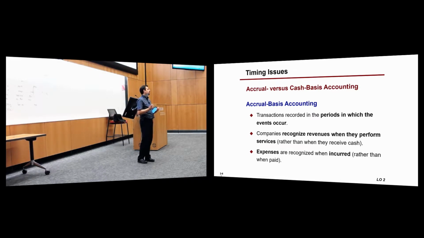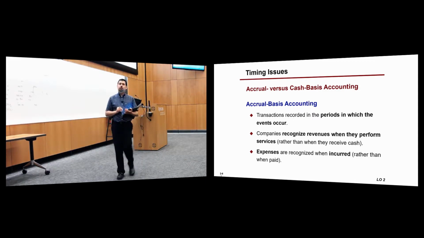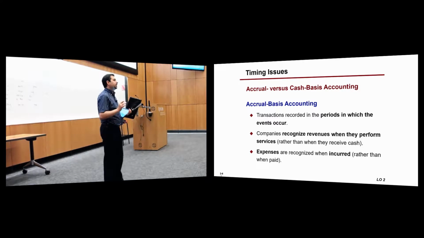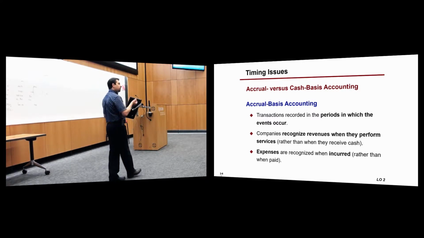Basically, when they are used to generate those revenues. So they associate expenses with revenues. Accrual basis accounting looks at the event in the time period that it occurs.